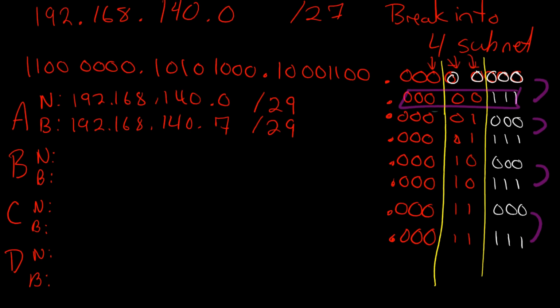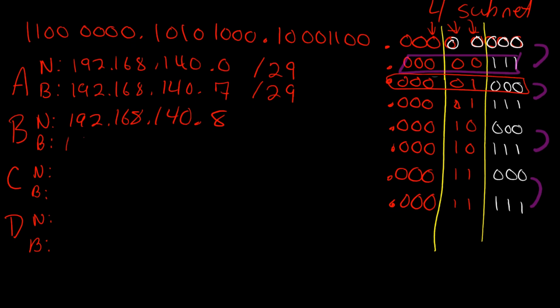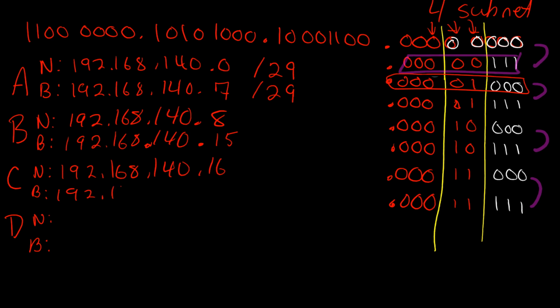So our network B is going to be 192.168.140.8, which we can see here, but we could also potentially just notice is one more than the broadcast of the previous subnet. 192.168.140.15, 192.168.140.16, 192.168.140.23.